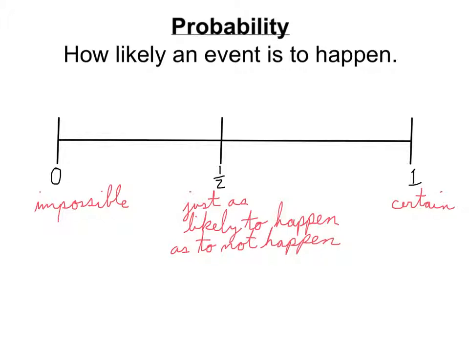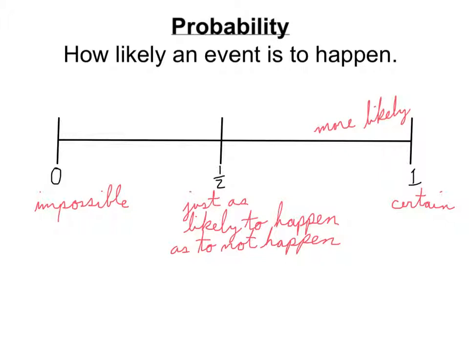In between here, events that have a probability between 1/2 and 1 are more likely. The more and more they grow towards 1, the more and more likely they are. To the point where something that is over here would be very likely, almost certain. Whereas something that's just above 1/2 would be a little bit more likely to happen than to not happen.